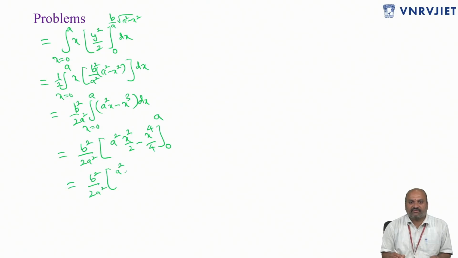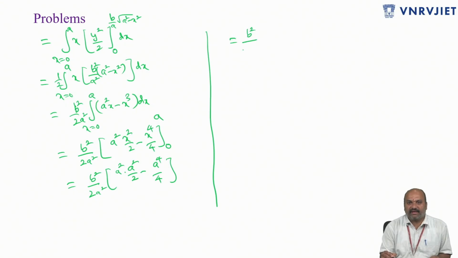This is b square divided by 2a square. Let's substitute: a square into (a square divided by 2) minus a power 4 divided by 4. Substitution of the lower limit 0 gives no contribution. Let's simplify: a power 4 divided by 2 minus a power 4 divided by 4.